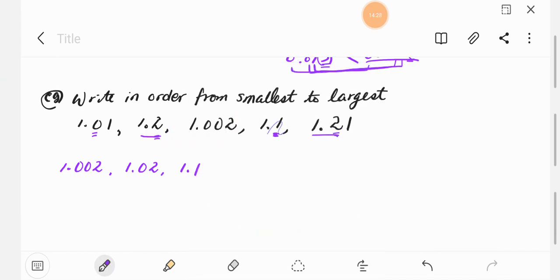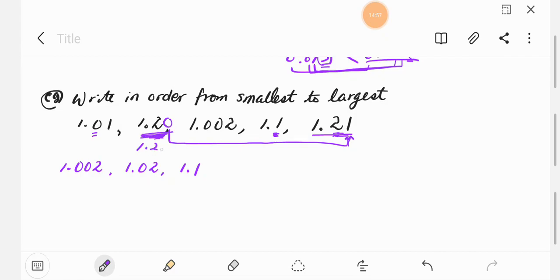All right, then let's compare these two. This is 1.2 and 1.21. So still the tenths digit is the same, right? Then we'll compare the next digit, which is the hundredths digit. This one does not have a hundredths digit, but isn't it obviously has 0 at the end?